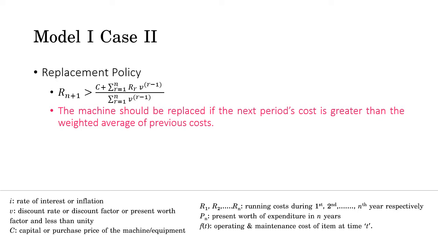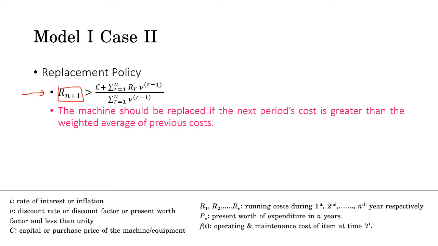This is the end result of that mathematical proof: if the running cost of the next year becomes greater than or equal to the weighted average cost up to the nth year, or current year, then we replace the machine.